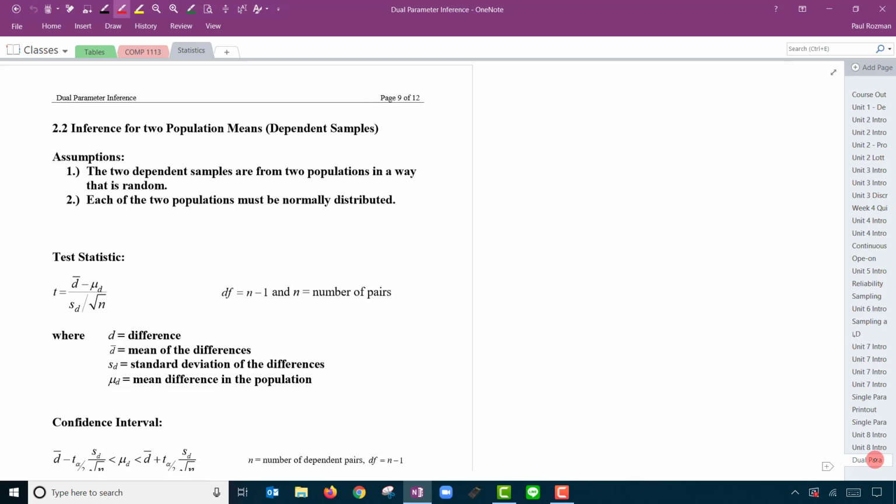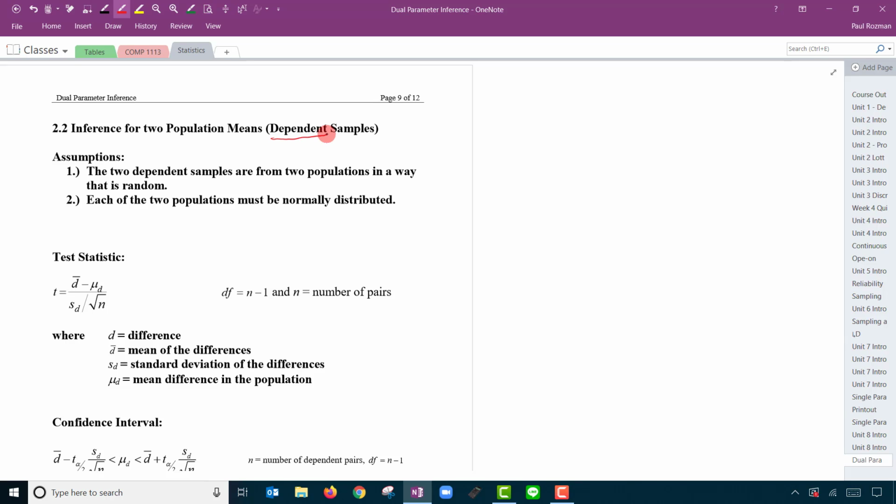And that's how the dependence occurs. Suppose you want to know how a diet affects me. So you weigh me before the diet, and then you put me on some newfangled diet program, and then after a few weeks, you weigh me again. And then we do that for a bunch of test subjects.